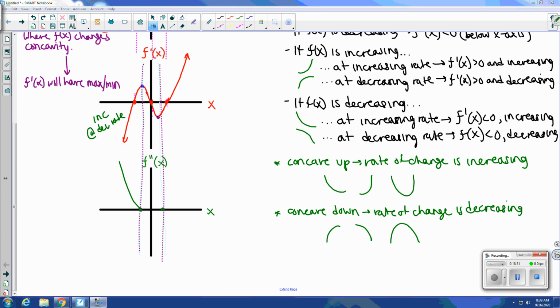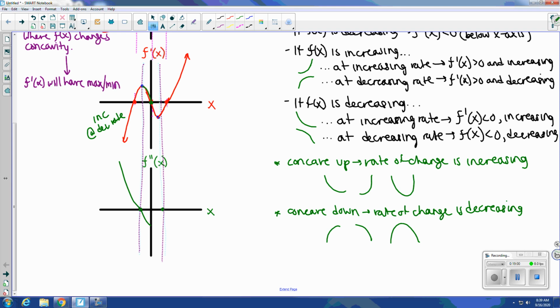Now, for the middle section, we can see that f prime is decreasing the whole time. So I expect f double prime to be below the x-axis. Now, at what rate is it decreasing? Well, from there to there, it's decreasing at a decreasing rate. It's concave down there. So because it's decreasing and concave down, the graph of f double prime is going to be decreasing and below the x-axis.